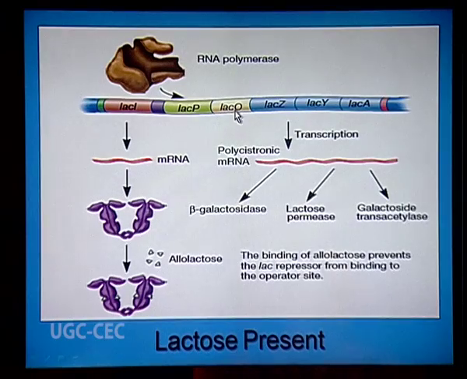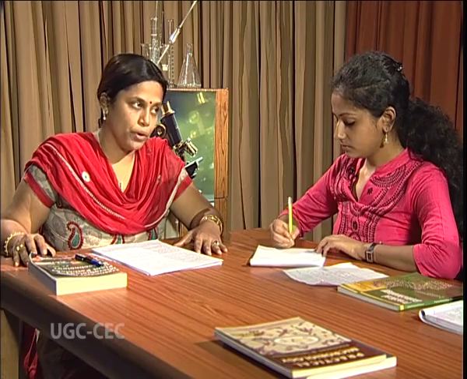As the Lac operator site is vacant now, RNA polymerase will come, bind to the promoter, and carry on the synthesis of the structural genes, leading to the synthesis of beta-galactosidase, which is going to break down lactose. As it is needed, as soon as lactose comes, it is broken down by beta-galactosidase. So this is all about the negative regulation of lactose operon.